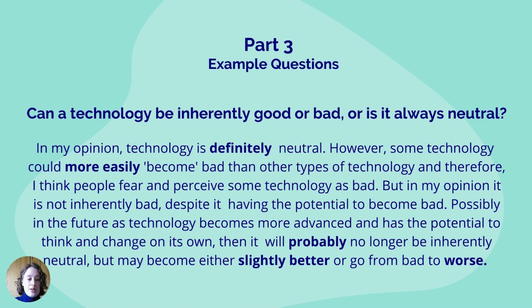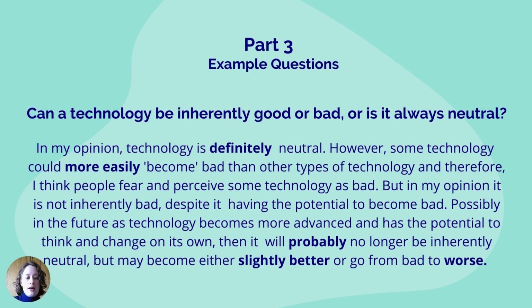So the question was, can a technology be inherently good or bad, or is it always neutral? And the answer is, in my opinion, technology is definitely neutral. However, some technology could more easily become bad than other types of technology, and therefore, I think people fear and perceive some technology as bad.